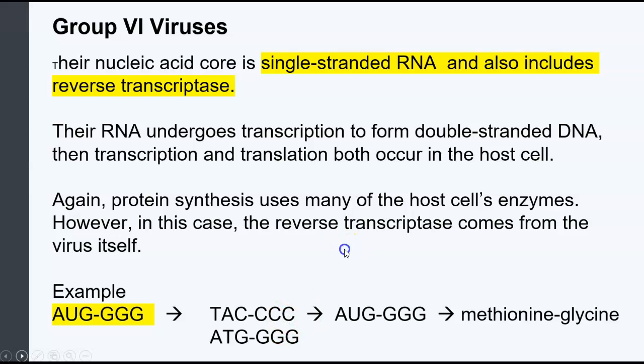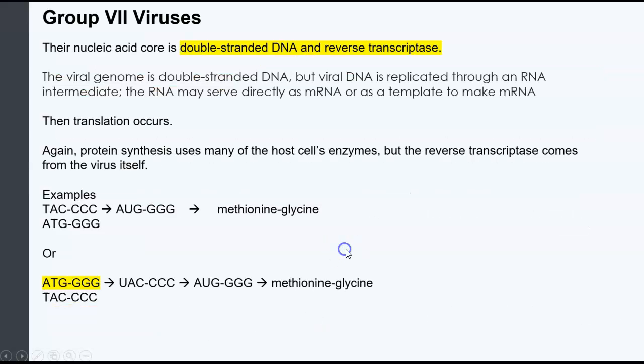And then the last one, group 7, is really strange. Group 7 viruses, just like living things in cells, contain double-stranded DNA, but they also contain reverse transcriptase. Weird. When you already have double-stranded DNA, what do you need reverse transcriptase for?